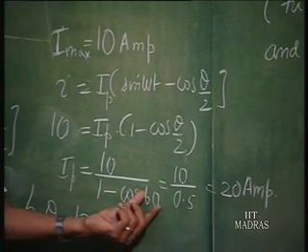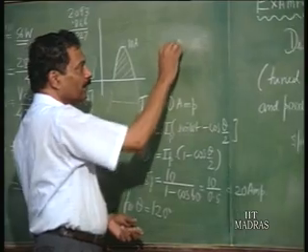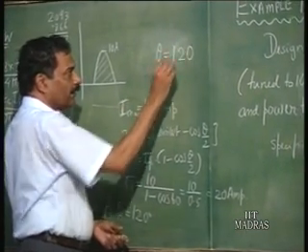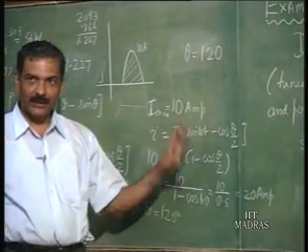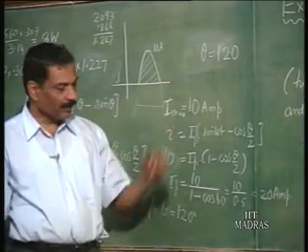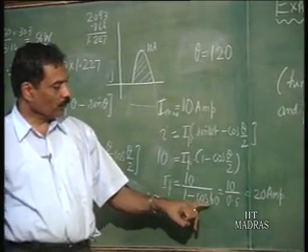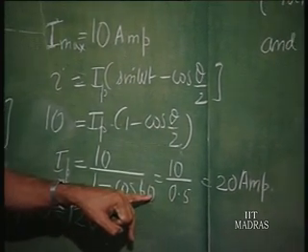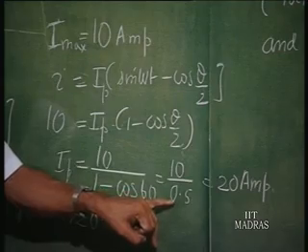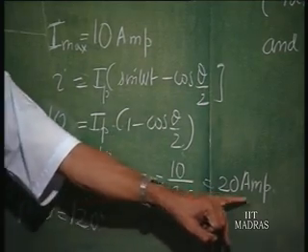Now, theta is to be fixed. Let us take a typical angle of 120 degrees. This is for ease of calculation only, for demonstration we are doing. So, cos theta by 2 is cos 60, which is sin 30, which is half. So, 10 by 0.5, which is 20 amperes.